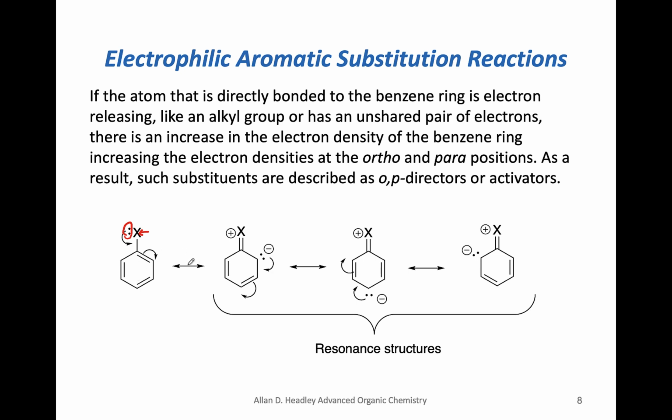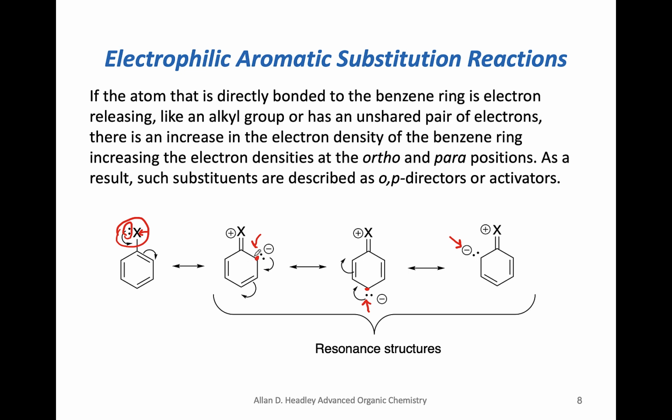By drawing resonance structures, what you will observe is that the ortho and the para positions are the most nucleophilic in terms of the electrons being pushed into the ring by this type of substituent, a substituent that has at least 1 unshared pair of electrons. So that explains why the electrophile will go here or here. Of course, putting the electrophile here is the same as here, the ortho position. So that explains why 2 products.